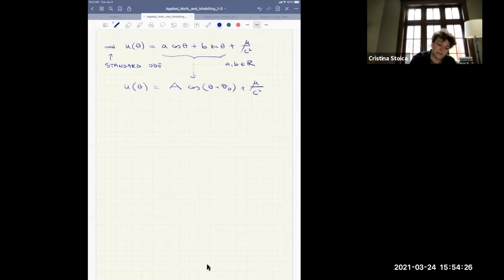Okay. So this guy was 1 over r, right? So this is 1 over r of theta. Now when we flip it, r of theta is 1 over a cos theta plus theta naught plus mu over c squared, and we can write it as, okay, so I'll put it here.